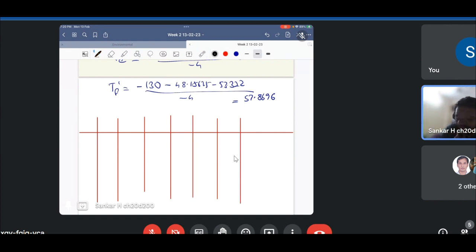Let this be K, TA, TB, TC, TD, TE, TF. Here we'll calculate the residual. So when k equal to 0, we have assumed 50 to be our initial guess.